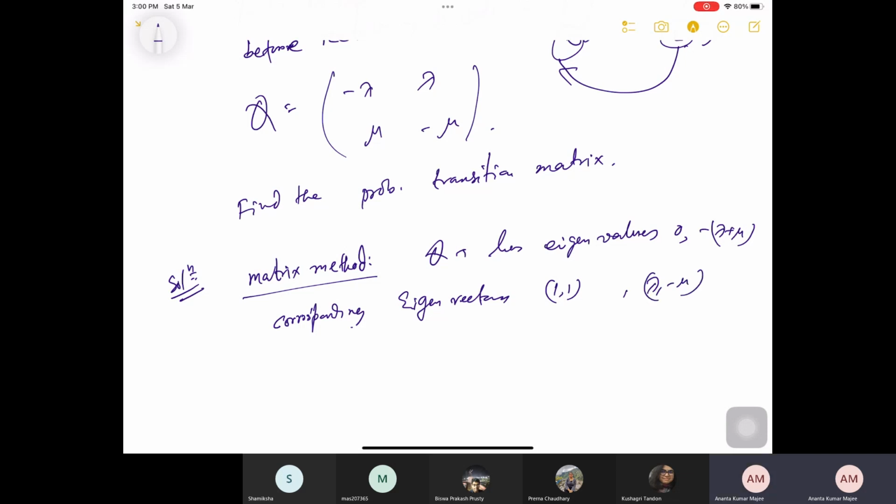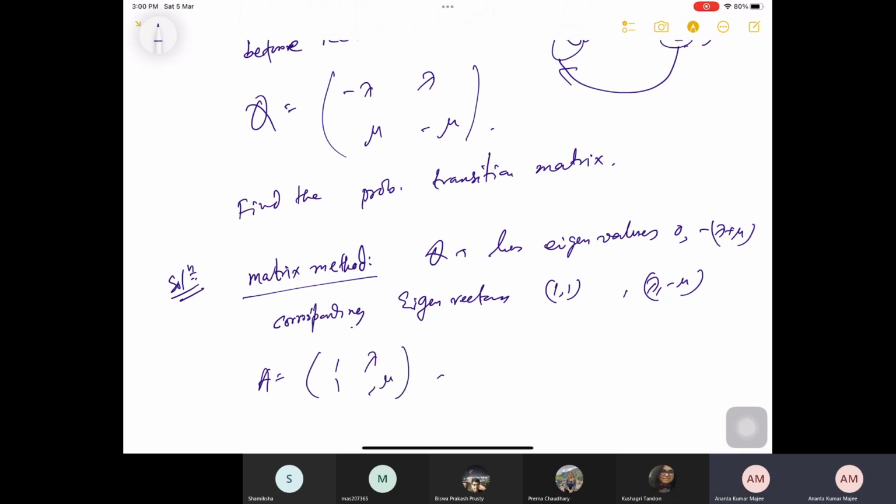So we already know that A is basically the linearly independent eigenvectors coming from the eigenvectors of your Q, because Q is similar to D. So my A should be 1 1 lambda minus mu.